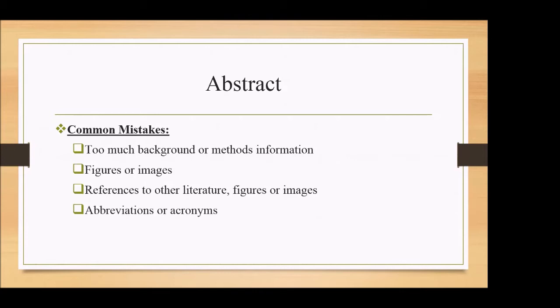You don't refer to literature here. If there is something particular that you based your research on, maybe you can refer to that particular author, but you don't put any references to the literature, figures or images.